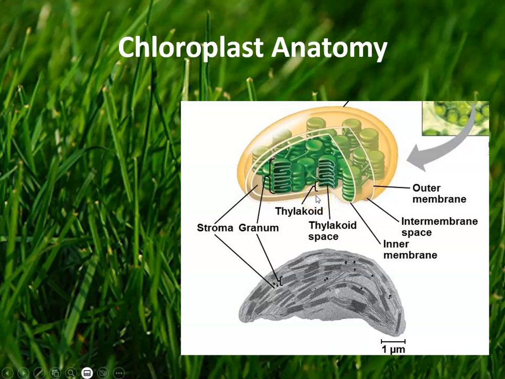Together, a whole stack is a granum, and inside of the thylakoids is a space called the thylakoid space. So definitely you want to review the anatomy of the chloroplast and know the parts, and then soon we'll talk about the functions of the parts and what steps of photosynthesis happen in each of these places.